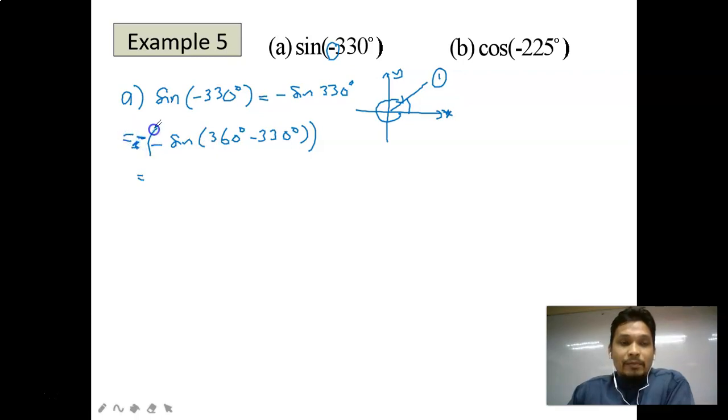So negative sine of 360 degree minus 330 equal to positive sine 30 degree. And this is 1 over square root of 2.